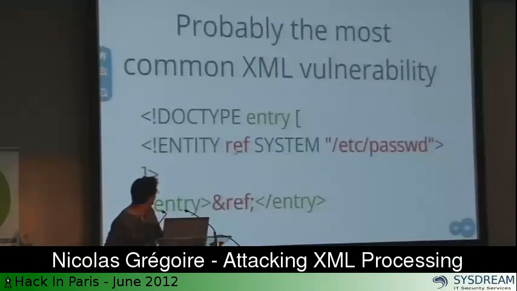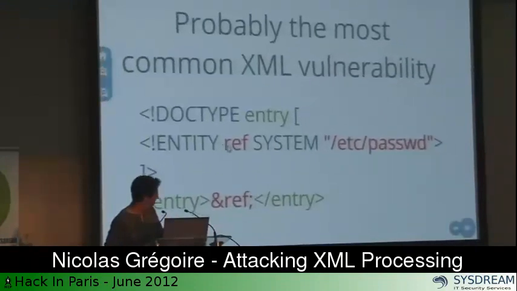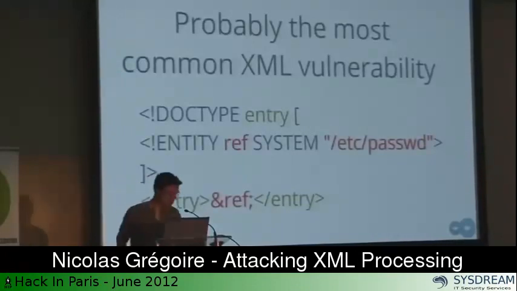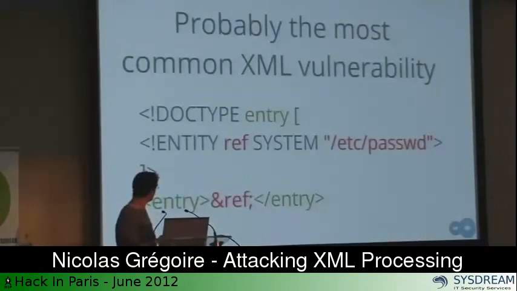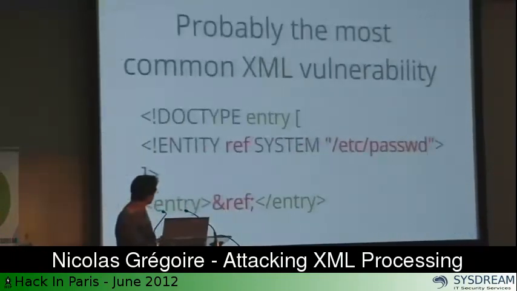We define a variable which is ref. We say that the value of ref is the content of the file we provide as a parameter. And when we call it here, we dereference the ref variable, we get the content of the file. It's as stupid as that.